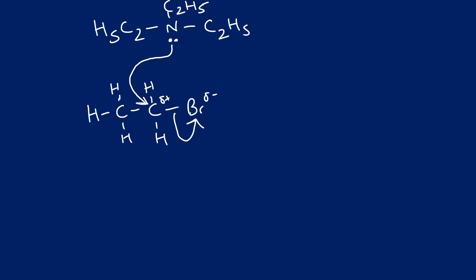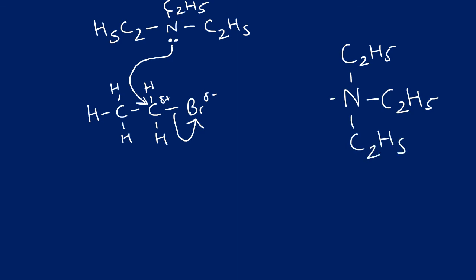And let's have a look at what we're left with. We've got a nitrogen with four C2H5s bonded to it now. We've got four ethyls. I'm just showing ethyls as C2H5 to speed things up. The nitrogen will have a positive charge, and we've made the bromide.